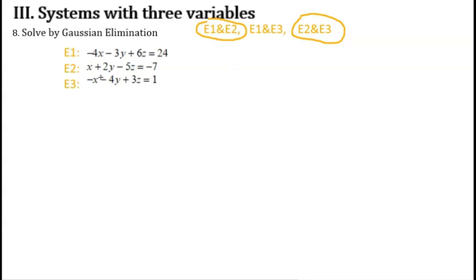I will get rid of the X first. So with E1 and E2, we will get E4. So we'll have something times E1 plus something times E2 equals E4.